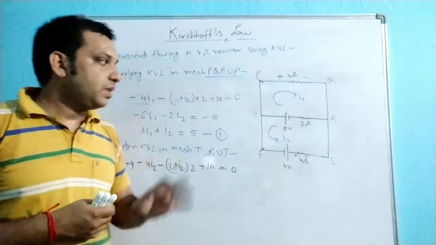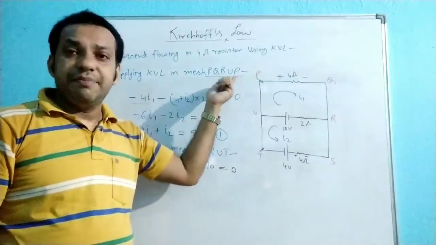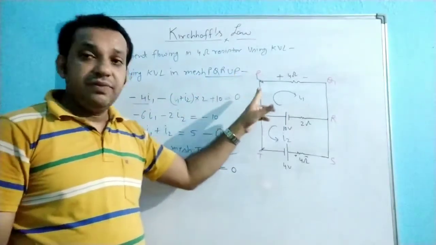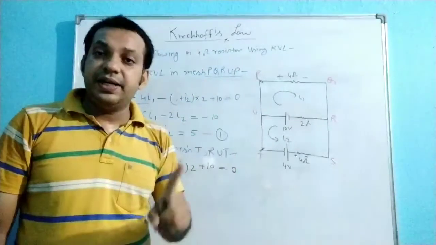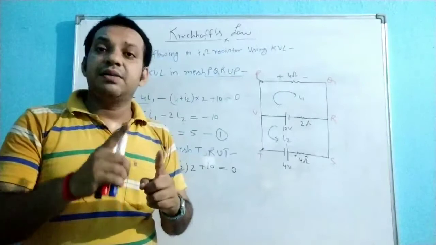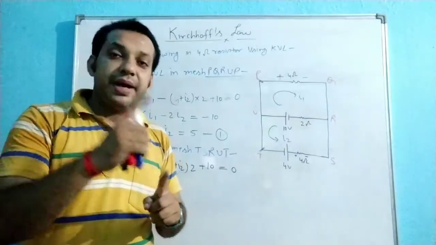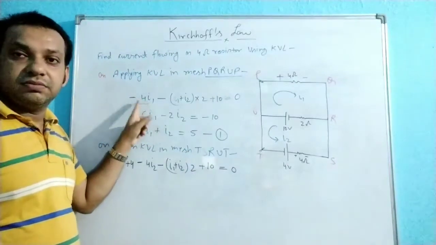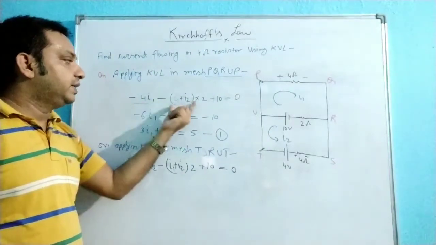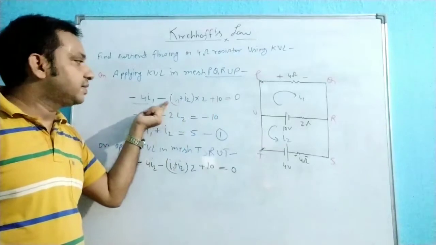Right? So if you are considering the mesh in the direction of the assumed current, every time whenever there is an I into R term, you are getting the minus before that. Just see here. Here I into R, there is a minus sign. This one is the I net into R, there is a minus sign here.